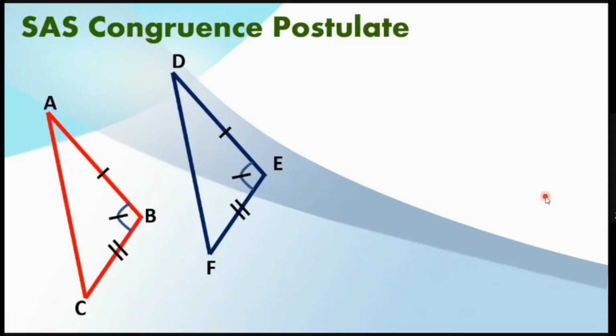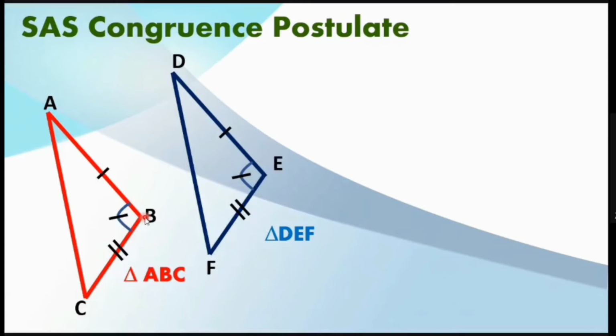Suppose we have triangle ABC and triangle DEF. As we can see, there are corresponding parts or pairs of corresponding parts that have tick marks on these two triangles. The first part here that has a tick mark is side AB. So it's a side. Next is an angle. It's angle B. And another side, side BC.